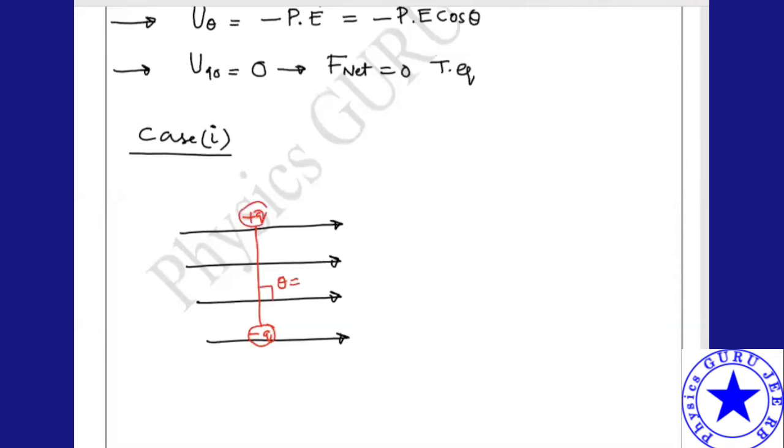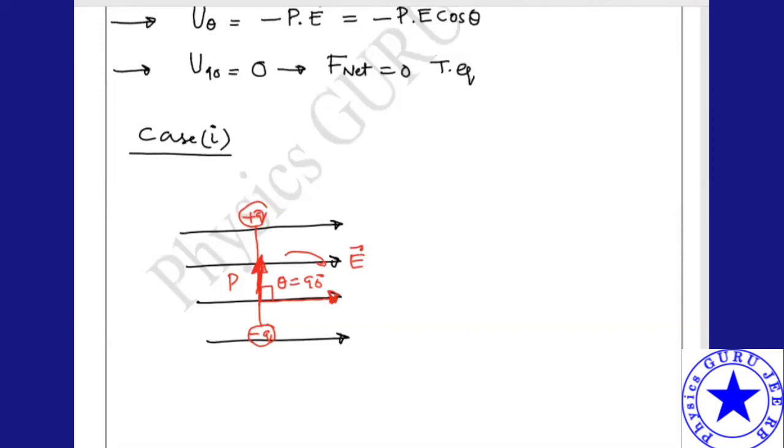Theta is how much? 90 degrees with respect to E. The dipole moment direction is P, and P with respect to E is 90 degrees. Hope it is clear.